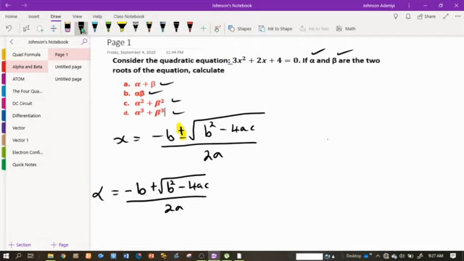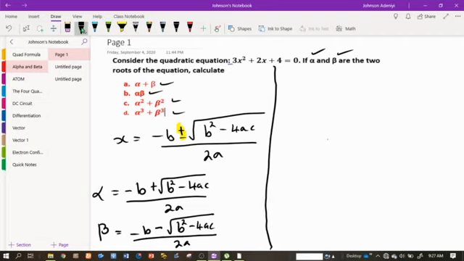So that is our alpha according to the question. Then let's call our beta. So let's consider the minus sign this time around: minus b minus the square root of b squared minus 4ac, divided by 2a. So these are our two roots.